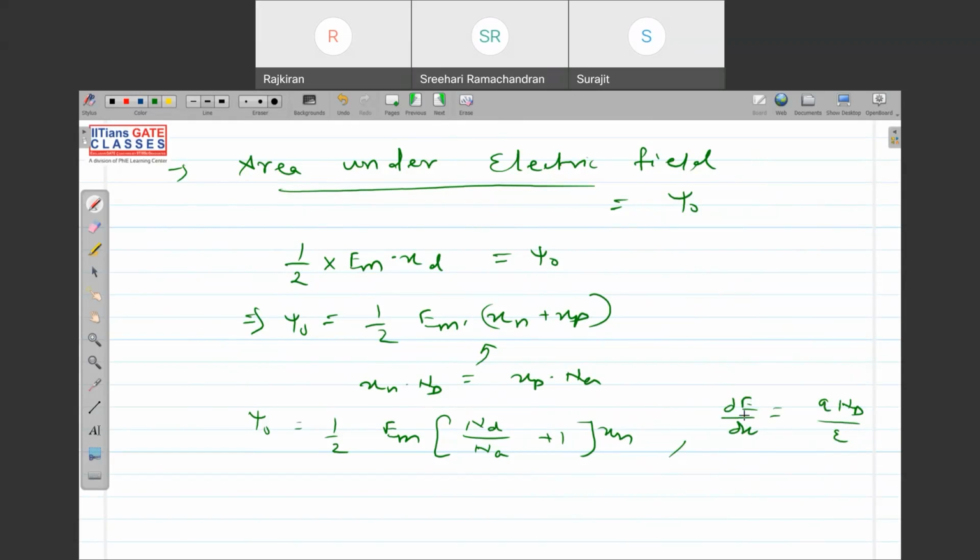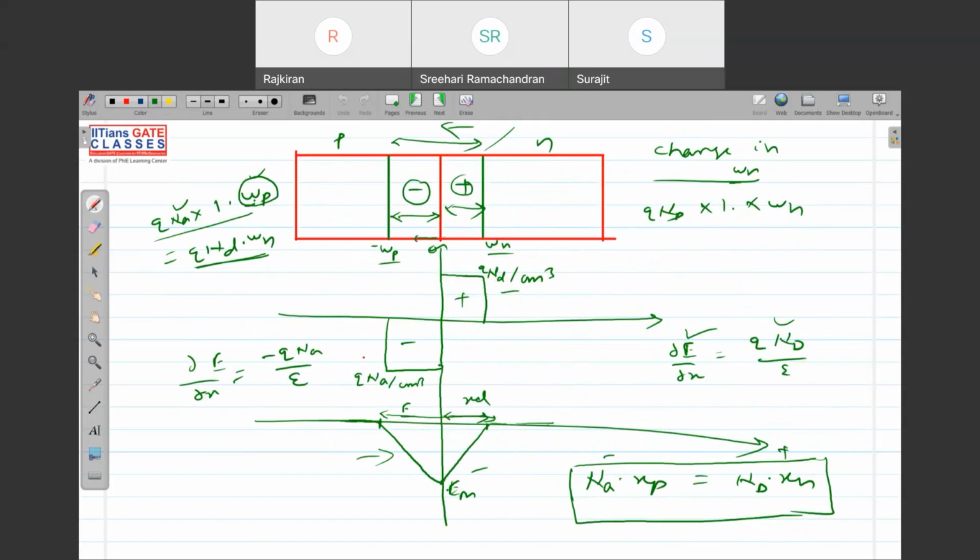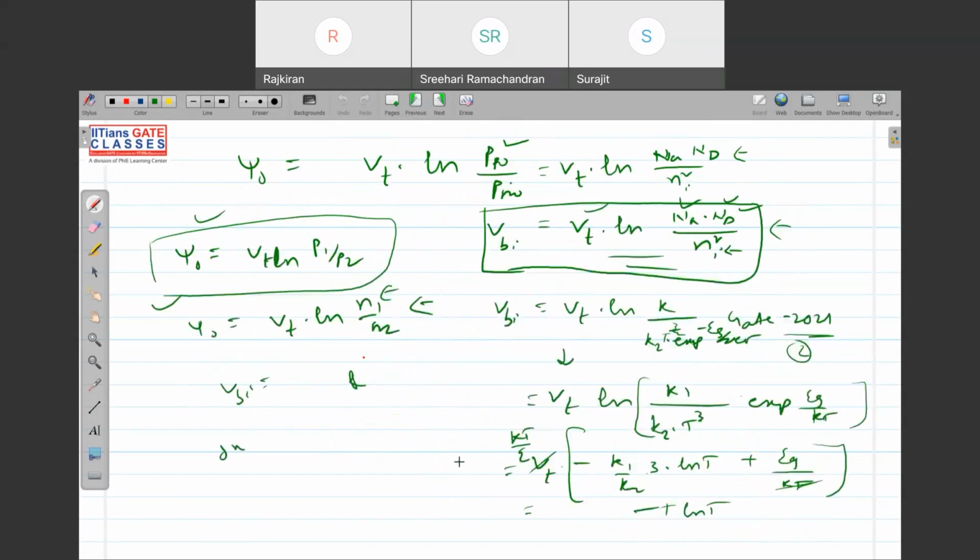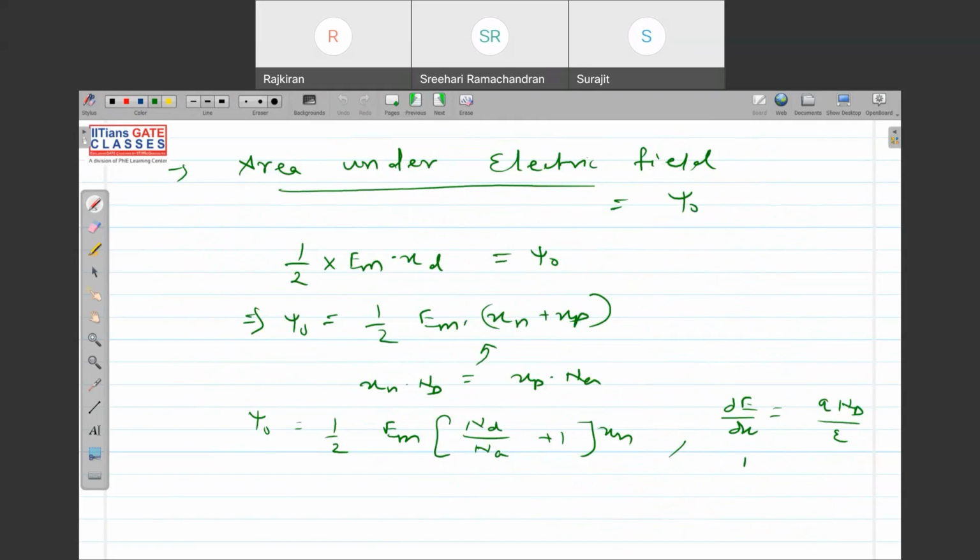Em by xn is nothing but dE by dx, the slope of that one. So I can put Em by xn equal to q Nd by epsilon. From here you calculate xn: xn is equal to epsilon into Em by q Nd.